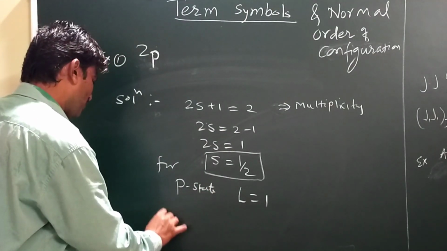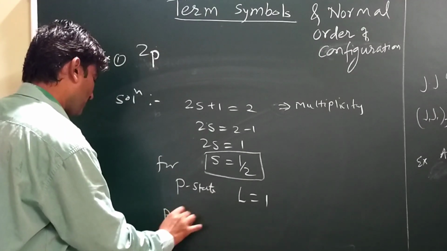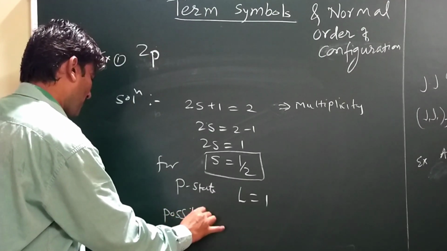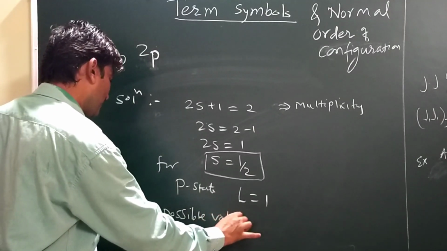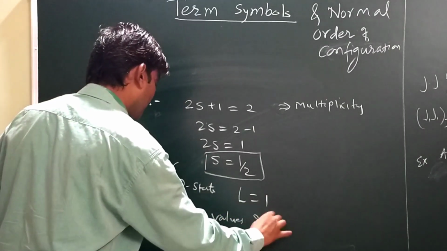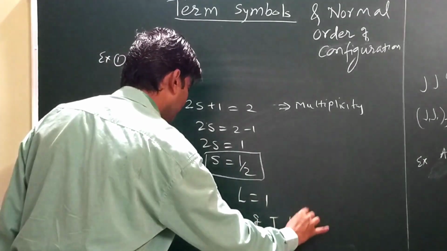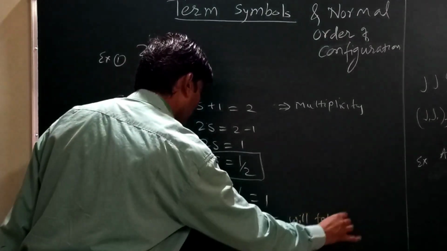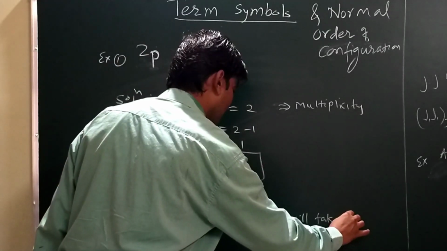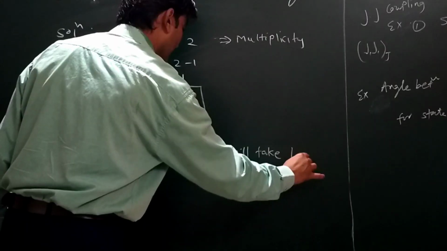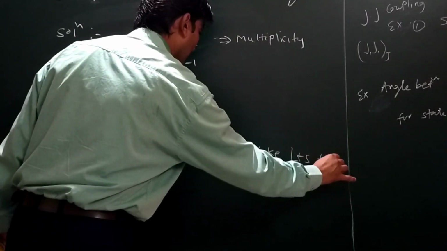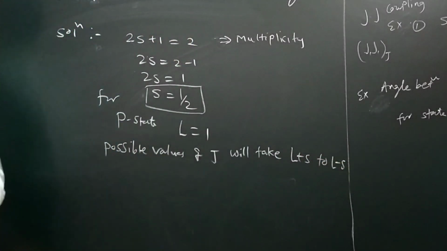The possible values of J will take L plus S to L minus S.